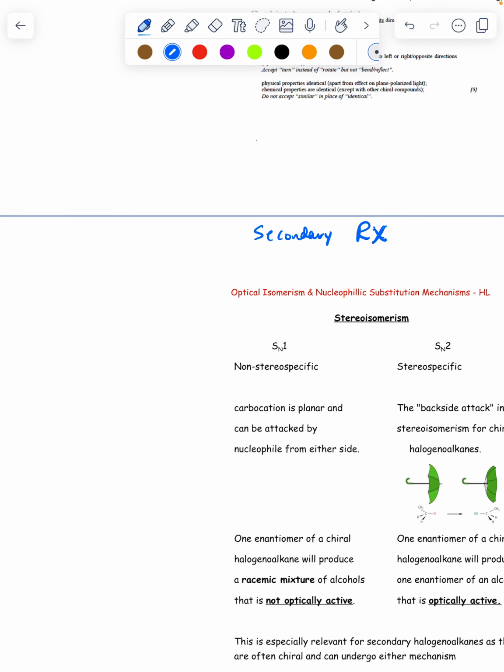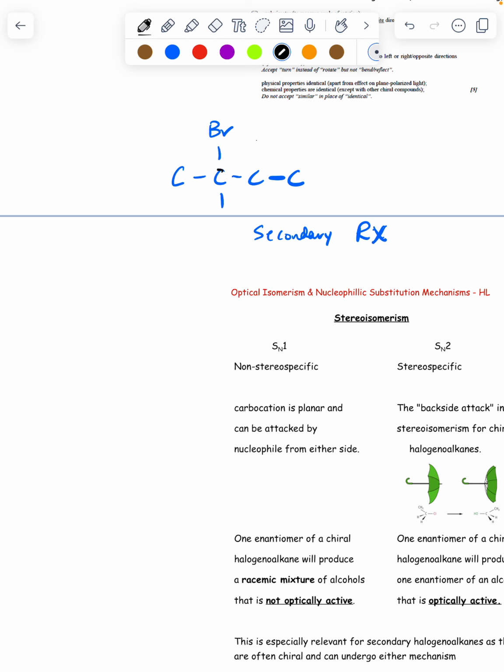Because secondary halogenoalkanes, at least when we get up to butane, it is very common for them to use something like a 2-bromobutane or a 2-chlorobutane, because this is a chiral molecule.